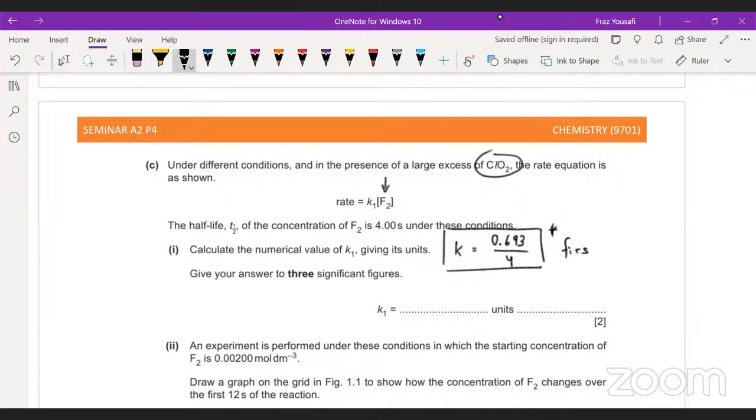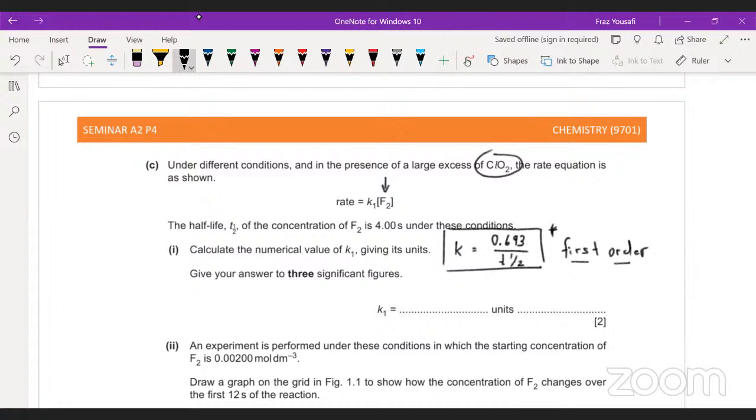So whenever the overall order of your reaction is first order, then you can actually find the value of K by setting up this expression, and by the way, this 4 in the formula should be half-life. I apologize, but this is what we want you to remember. So 0.693 over your half-life will give you your expression for K whenever the overall order for the reaction is first order.